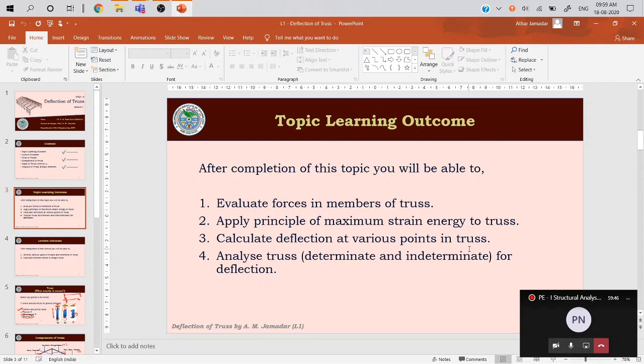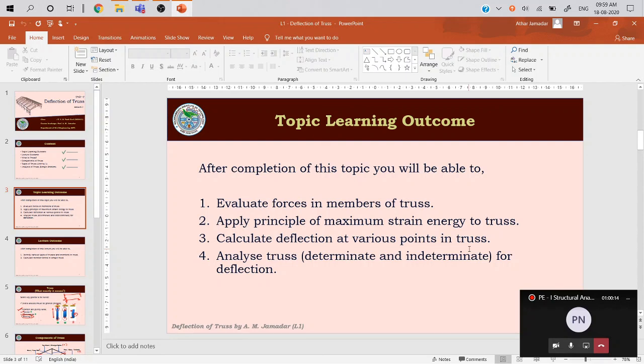First is evaluate forces in members of truss. So I think that after completion of this entire 6 lectures you are able to evaluate member forces. Second is apply principle of maximum strain energy to truss. That means the first lecture, whatever we have studied, that is application of unit force or the formula of deflection, that is PKL divided by AE.